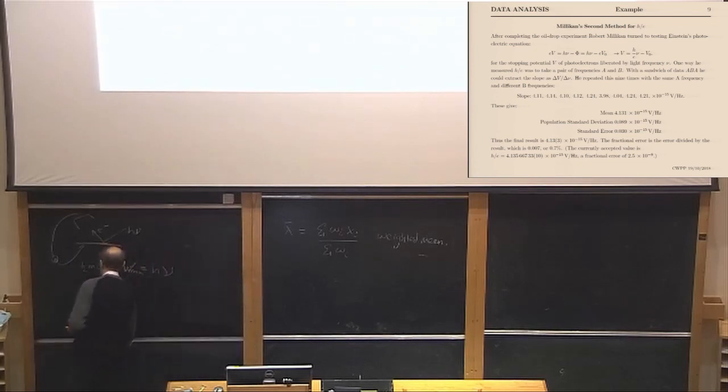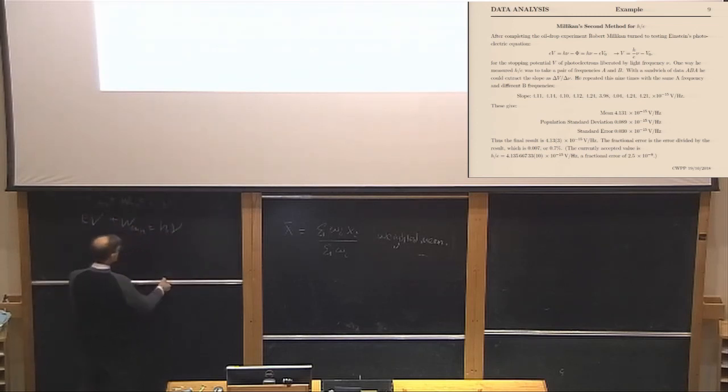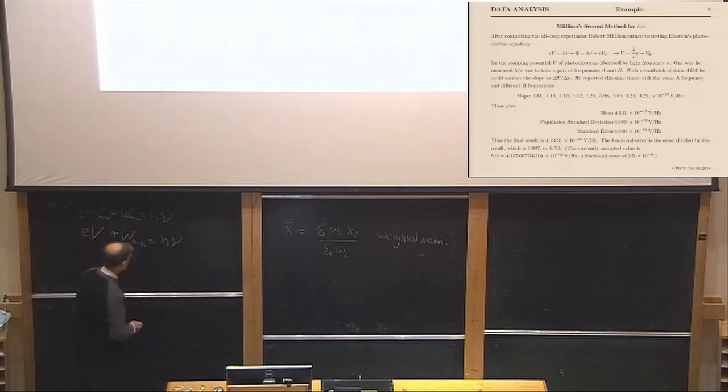If the stopping potential is V, that gives you that the stopping potential is V = (h/e)ν − W_min/e. So the slope of the line between the stopping potential and the frequency of the light is Planck's constant divided by the charge.